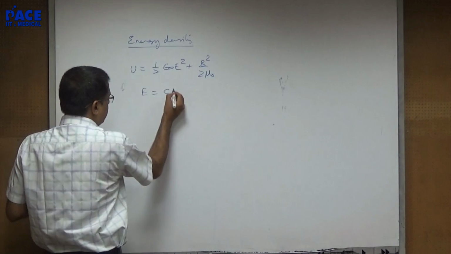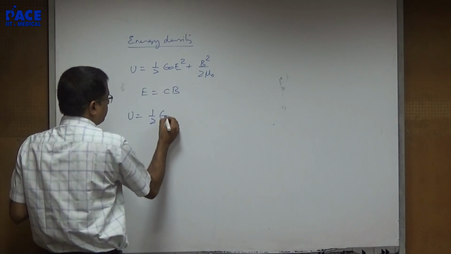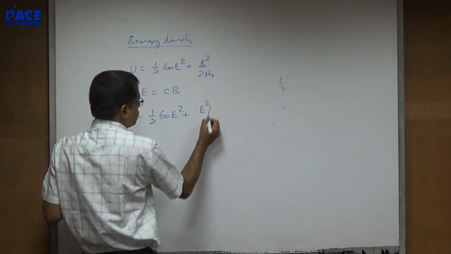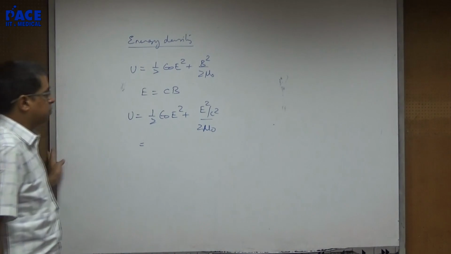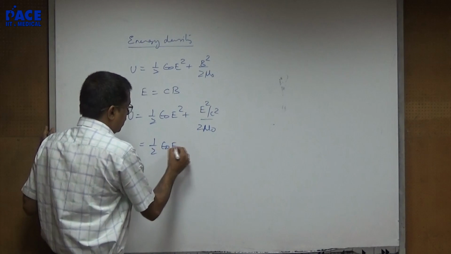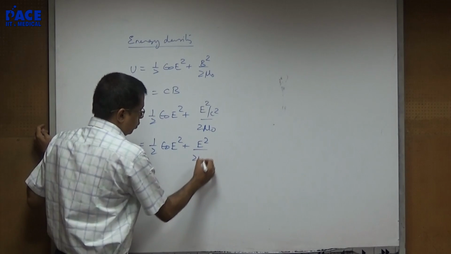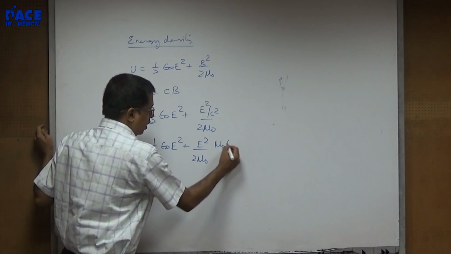But you gave me E equal to CB for the electromagnetic wave. Half epsilon naught E square plus B square by 2 mu naught, with B equal to E by C, gives E square by C square by 2 mu naught. C square here will be 1 by mu naught epsilon naught.